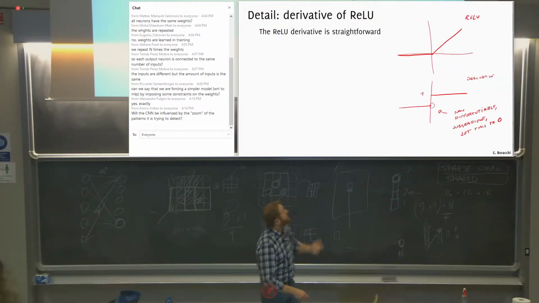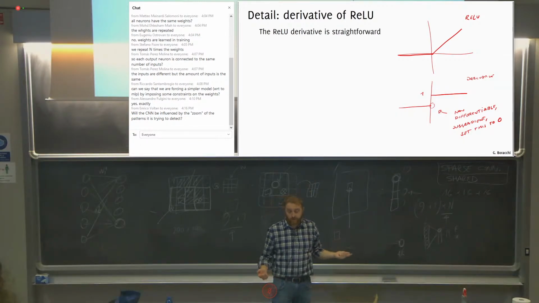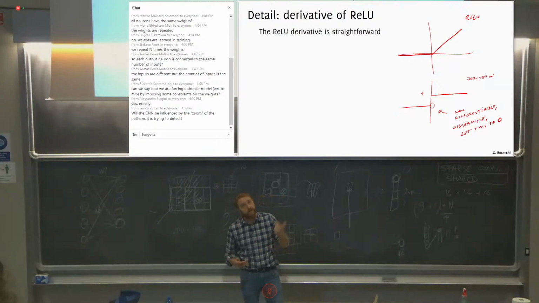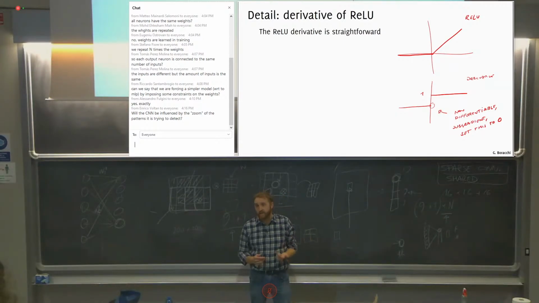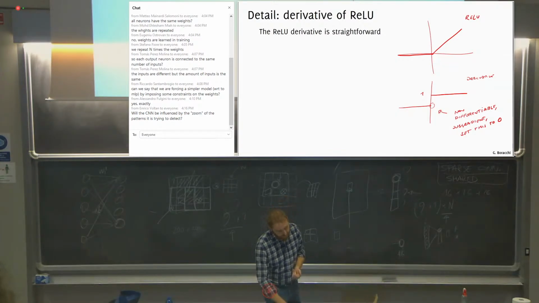The derivative is kind of straightforward to see: it's 0 and 1. If you want to be picky, if you are a mathematician, the derivative in 0 is not defined, but you can take the subgradient instead of the gradient and arbitrarily set it to any number you want, set it to 0. And in practice, this wouldn't affect your actual computation over the training set.